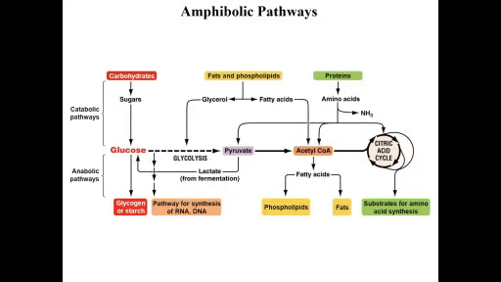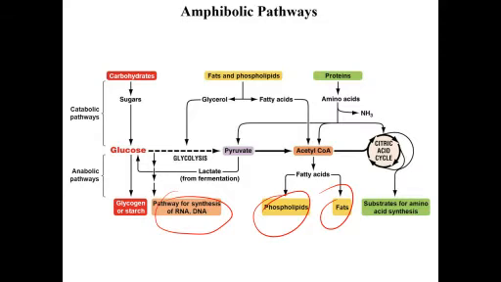When something is in excess, the cell can divert it to another pathway. So glucose can be used to make glycogen starch. Other intermediates can be used to make RNA and DNA. Your fatty acids from acetyl-CoA can be assembled and then used to make your phospholipids and your fats.